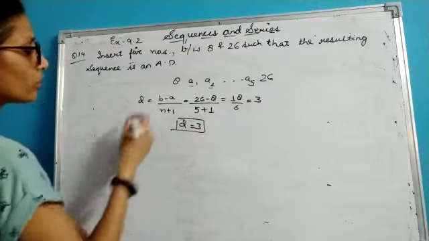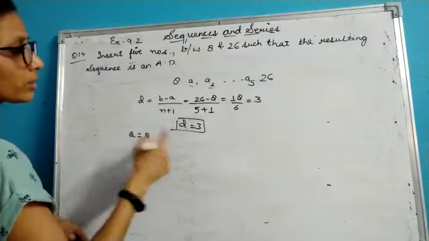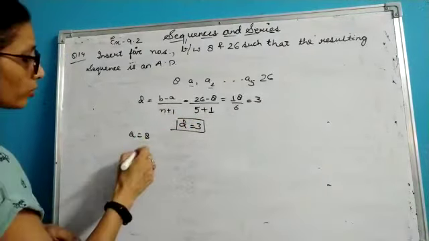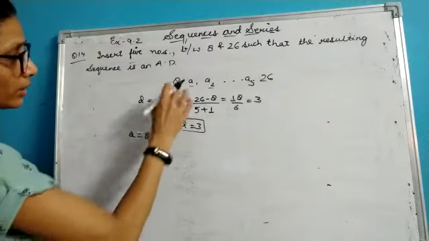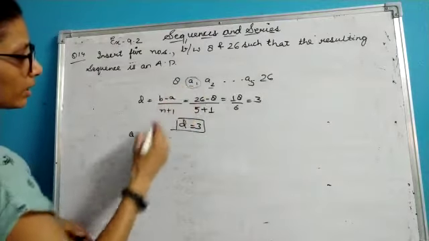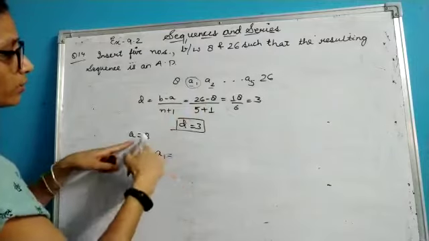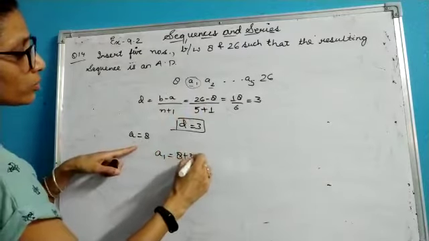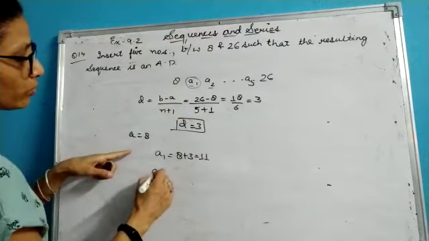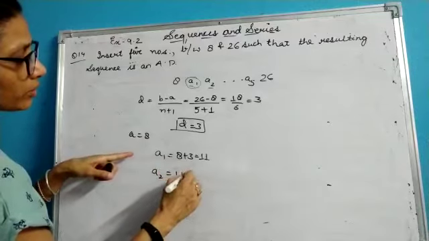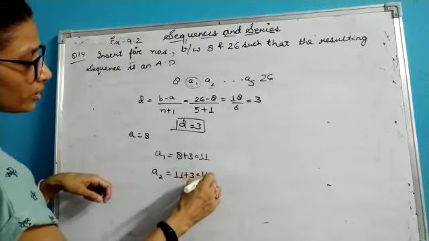Now you know your first term is 8 and your D is 3. So you can calculate the next term. So this will be 8 plus 3, which is 11. If I want to find out the next term, then 11 plus 3, which will be your 14.